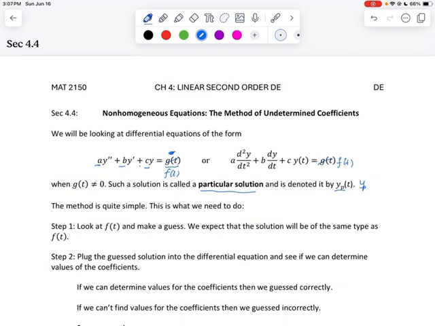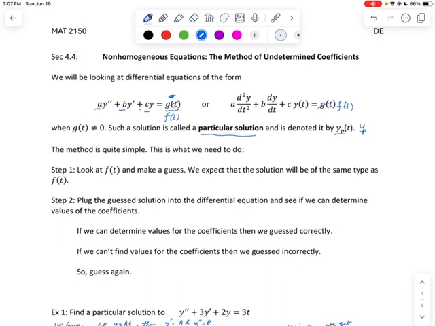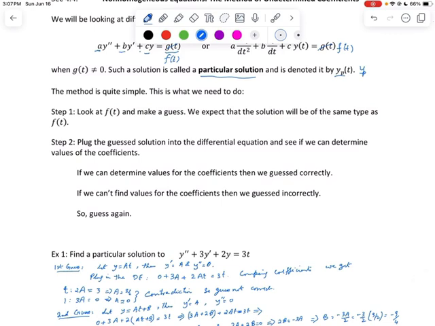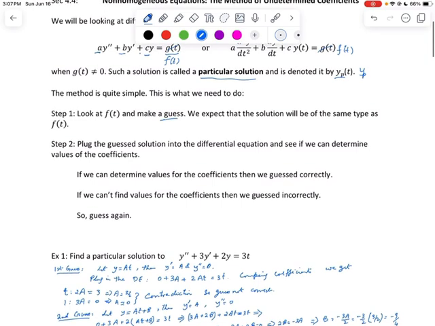So the method is simple, but sometimes it can be a little bit too long, though it involves mostly algebra. We look at the function f of t on the right side and we make a guess. We expect that the solution will be similar to the function on the right hand side, and if we encounter some problems, we will have to guess again.